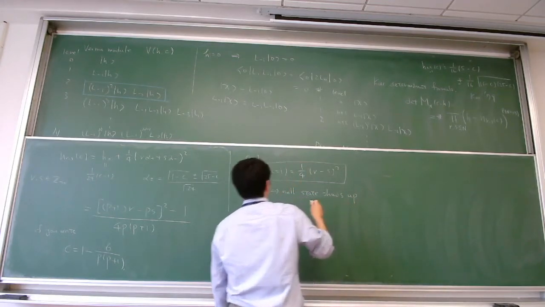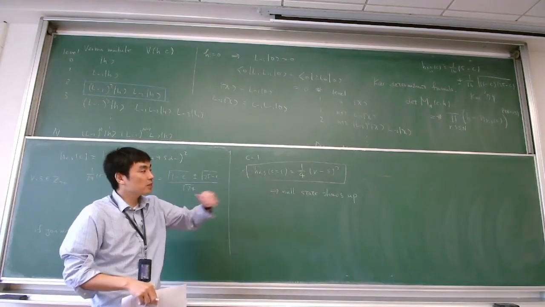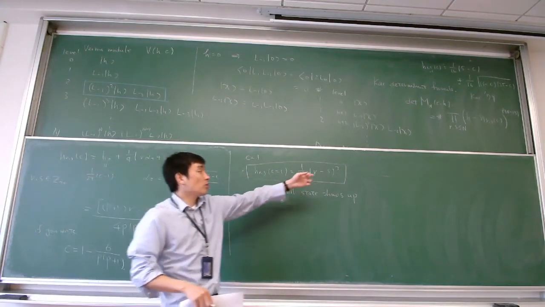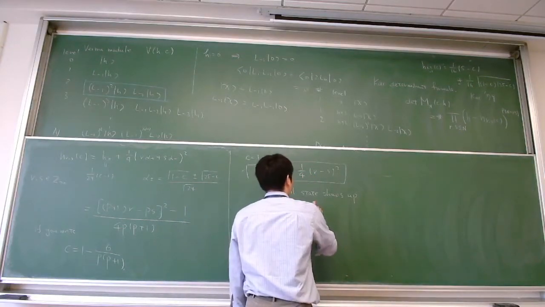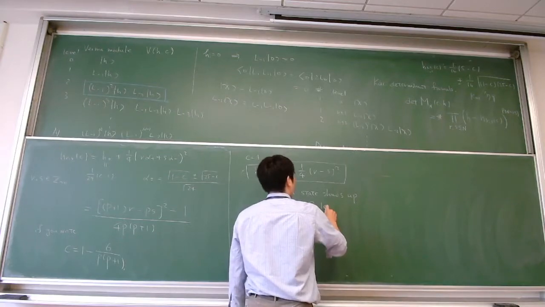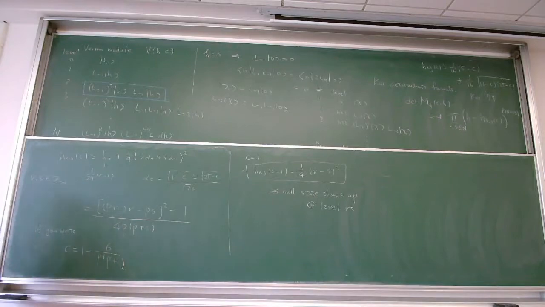I mean, the conformal dimension h is a quadratic number divided by 4, and there is a null state at level r times s. So that's what it means.